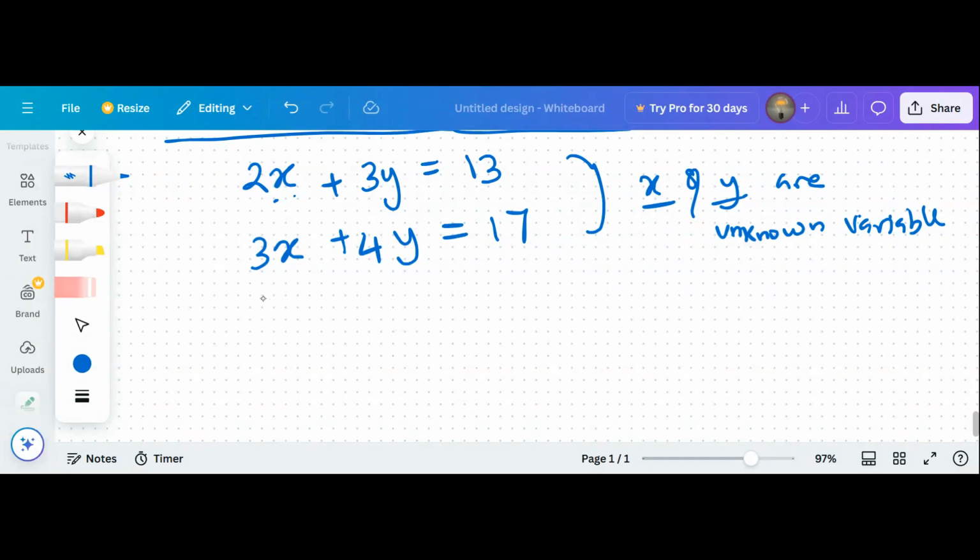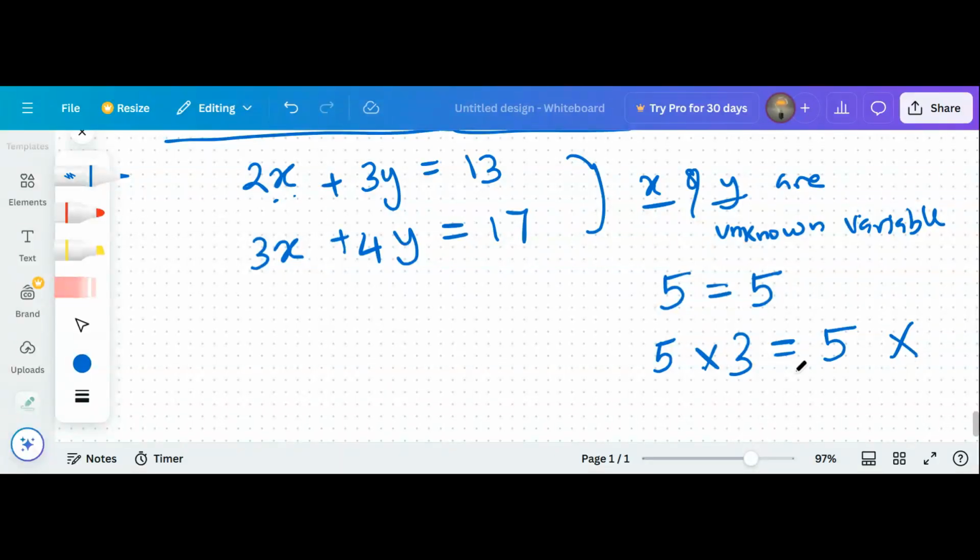So 2x plus 3y is equal to 13, 3x plus 4y is equal to 17. Let's say 5 is equal to 5. What I am going to do is multiply the left hand side by 3. So will it be the same? Will it be correct?